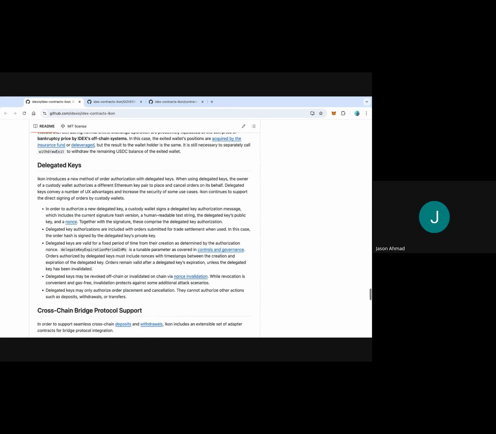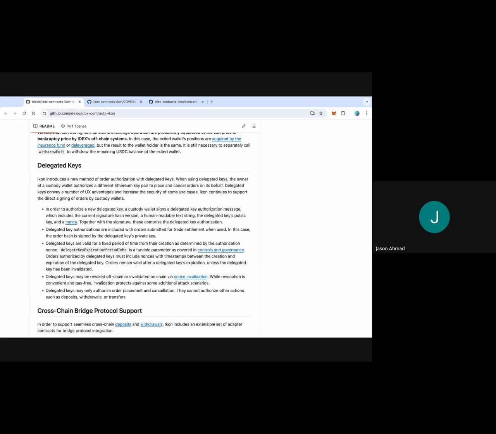Finally, I would like to talk about delegated keys briefly. So delegated keys are a mechanism that allows our web client and mobile client, web app, to interact with the exchange in a really seamless way. So as I mentioned, in order to place an order on the exchange, the depositing wallet needs to sign the parameters of that order.